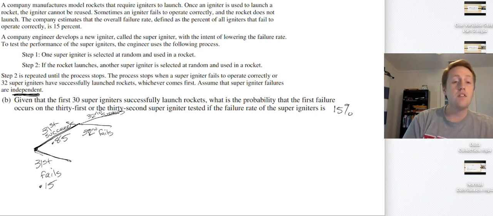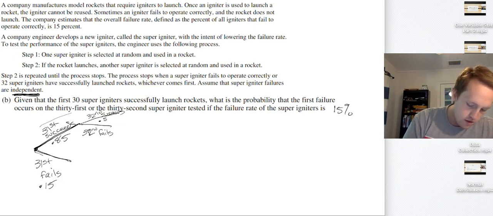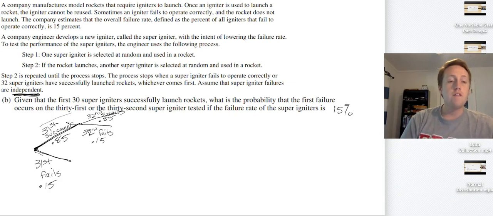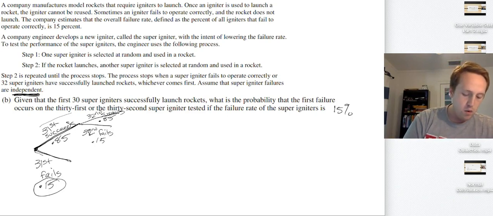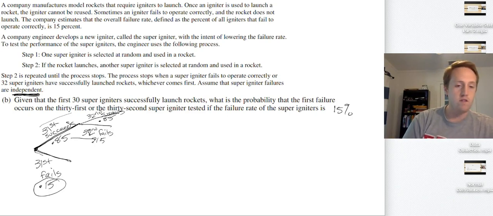Now, the probability that the 32nd succeeds, so we're going down this branch now. The 32nd succeeds, it should be the same probability because they're independent. So that one's 0.85, and this is 0.15. I want the first failure to be on the 31st or on the 32nd. So the first failure being on the 31st, that's 0.15. The first failure being on the 32nd is 0.85 times 0.15, right?